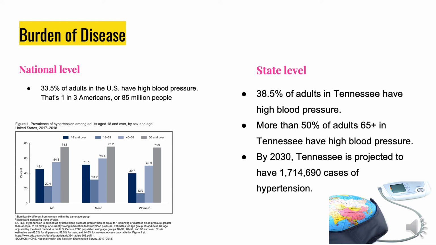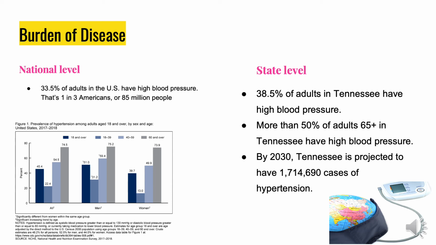The burden of hypertension on the world, on the national level and on the state level, is a significantly high amount. On the national level, 33.5% of adults have high blood pressure.